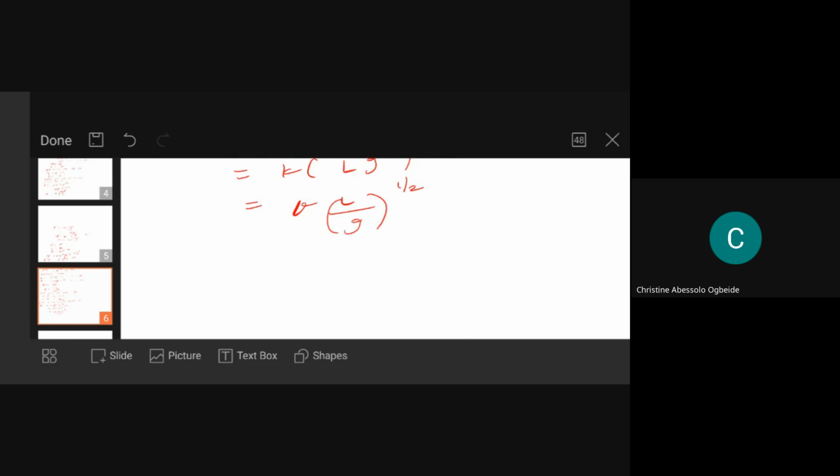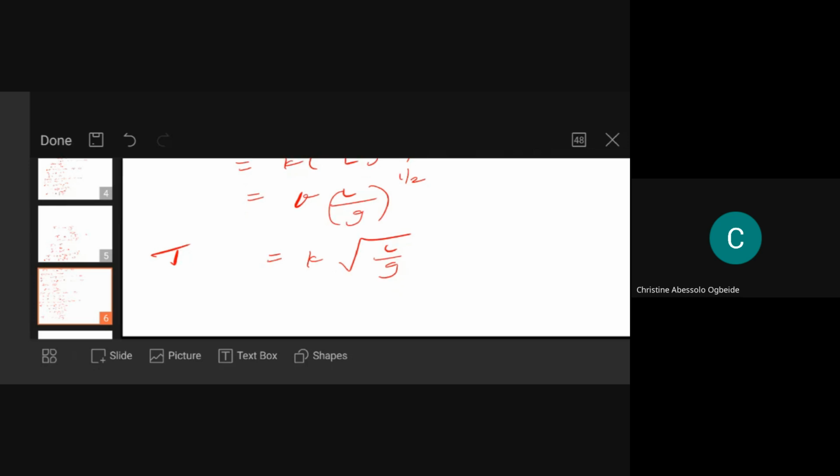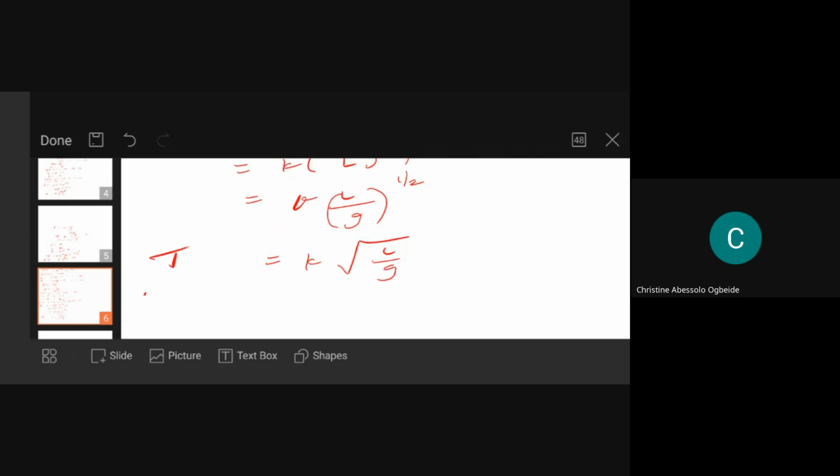And if I change that 1 over 2 to square root, I'll be having K square root of L all over G. And that gives me that period is equal to K root L all over G. Where K is a constant, of course, K is equal to 2 pi, which is a constant. It implies that the relationship is T equals 2 pi root L all over G.